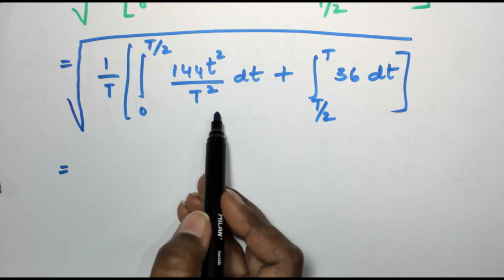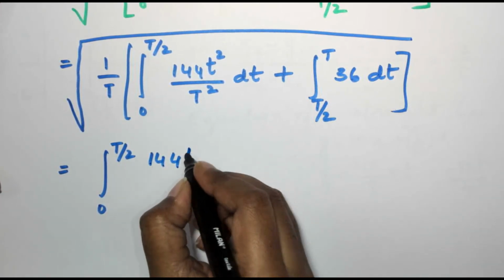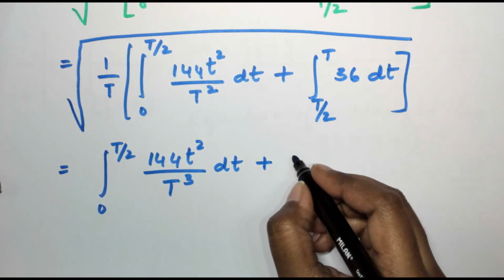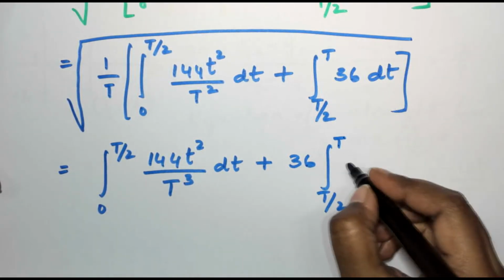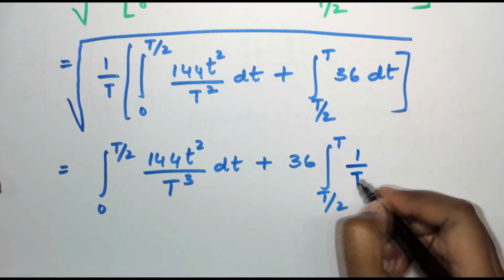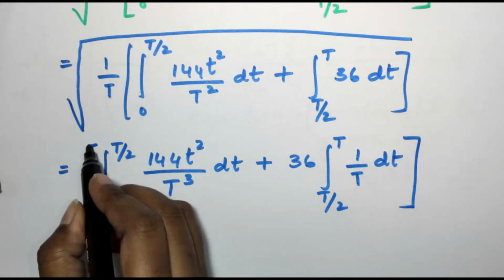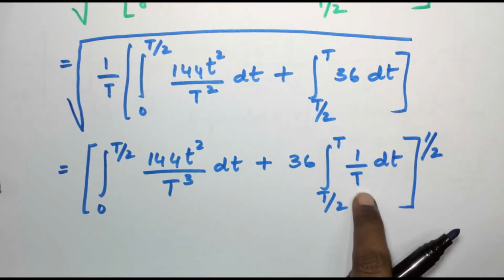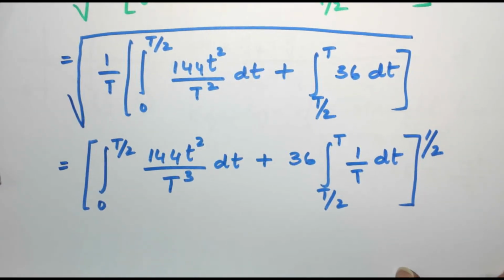If we take 1 by T inside, we will now have 0 to T by 2, 144 t square by capital T cube dt, plus, let's take the constant outside for this part, T by 2 to T, 1 by T dt, the whole thing to the power of 1 by 2. Anyway, here T is also a constant. We can actually bring that out over here.